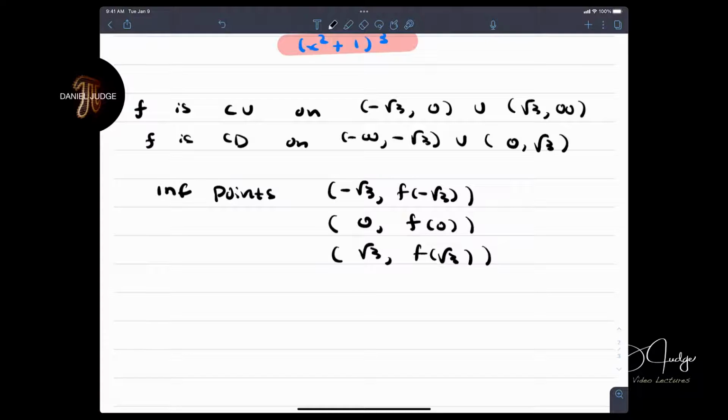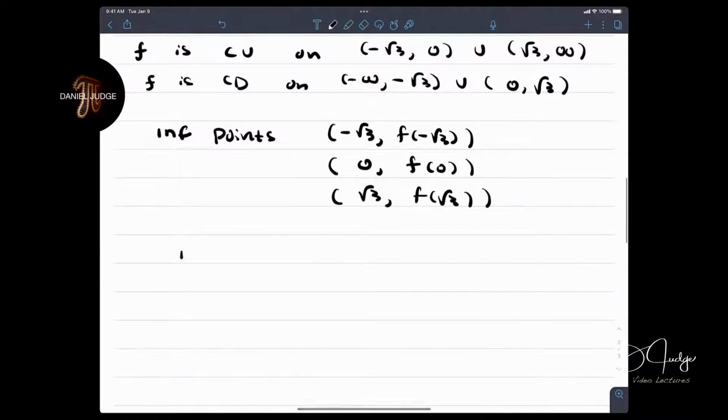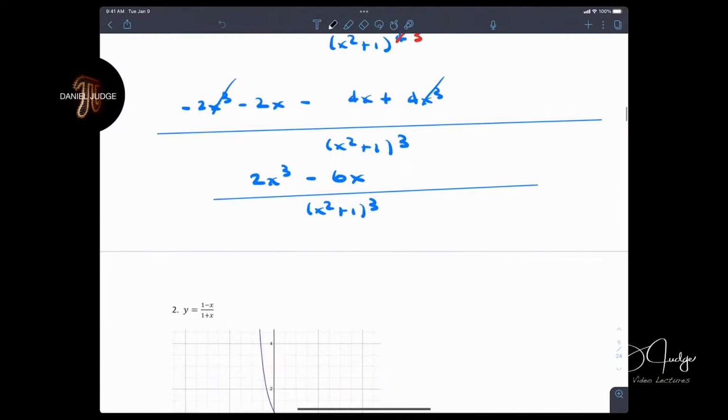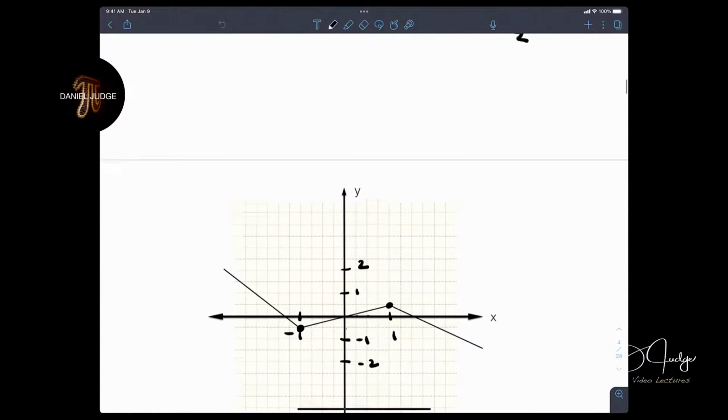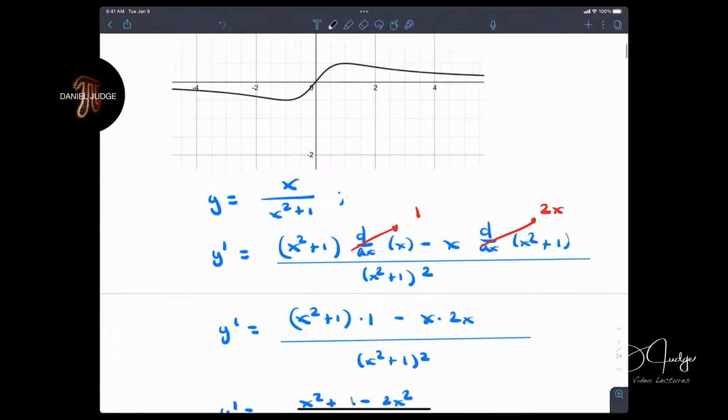So I have these 3 inflection points. Now I can go back and find the original function. I believe that's x over x squared plus 1.